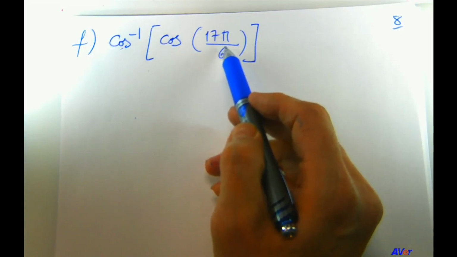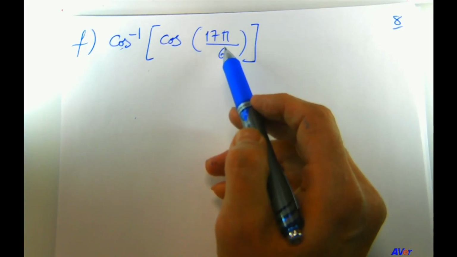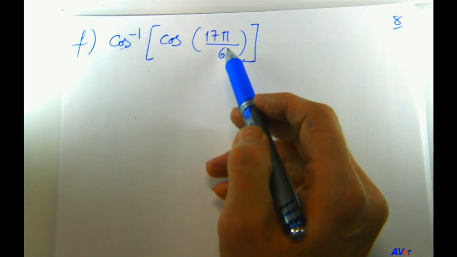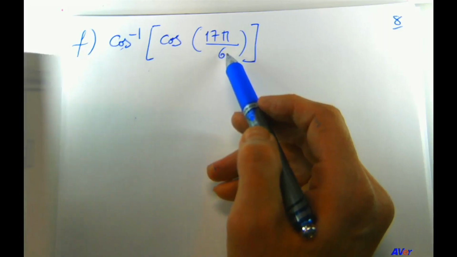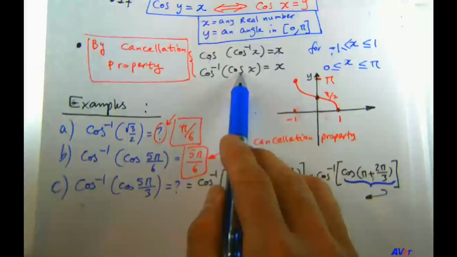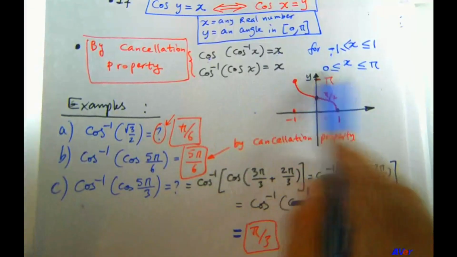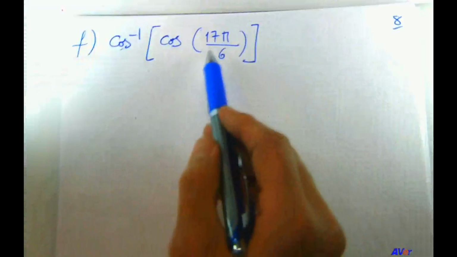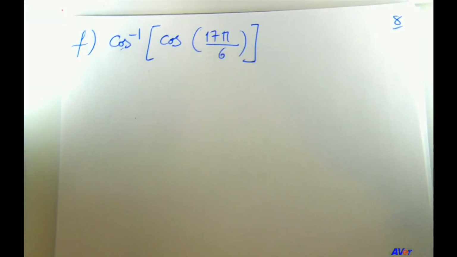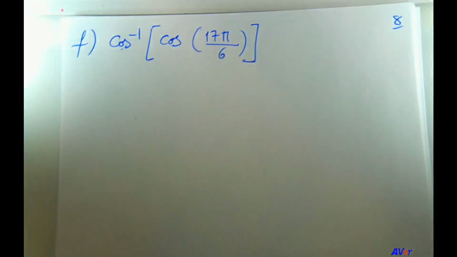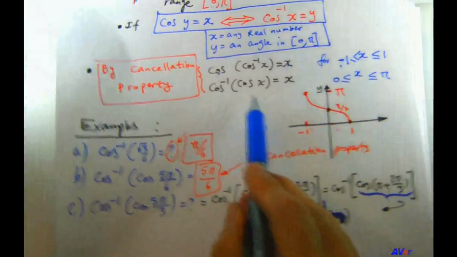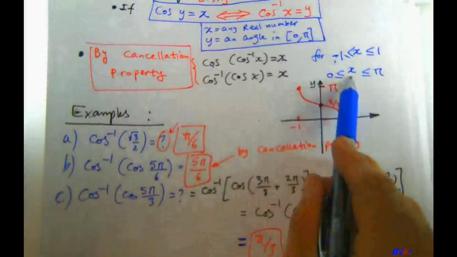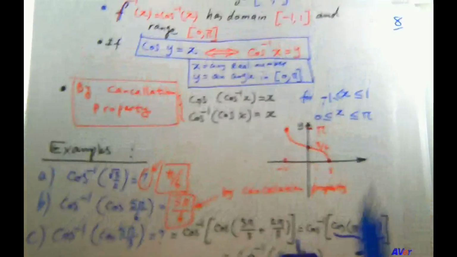It would be more than 3 full trips around the circle. But we want inverse cosine of cosine, an angle between 0 and pi. So we need to break this up so we can get an angle between 0 and pi, right? Inverse cosine of cosine by the cancellation property should be an angle between 0 and pi.